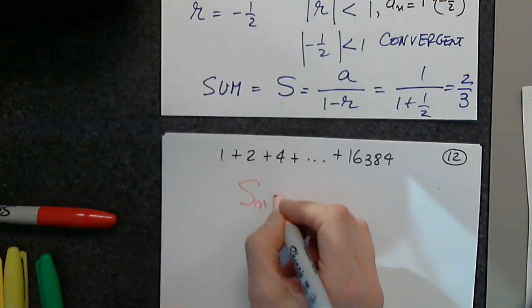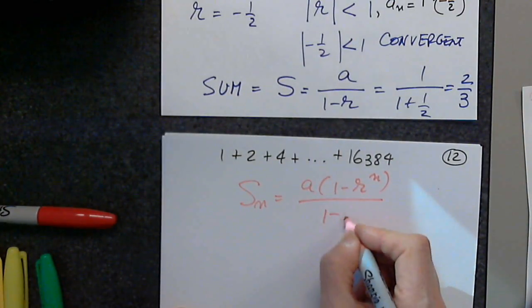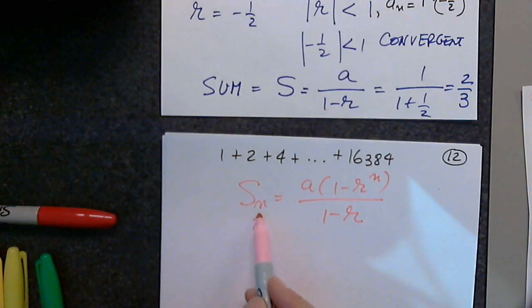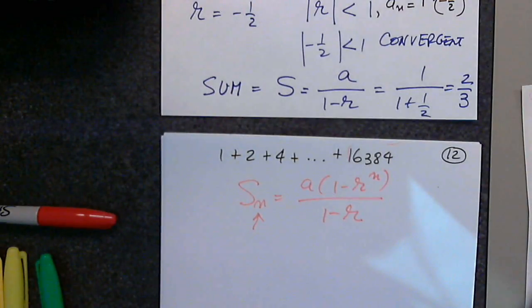So if it is geometric, then I will use 1 minus r to the nth power over 1 minus r, but I have to determine whatever n is, because I don't know how big. So first I have to identify whether it's a geometric series or a sequence, and it turns out to be, because it ends with a number, a finite geometric sequence.